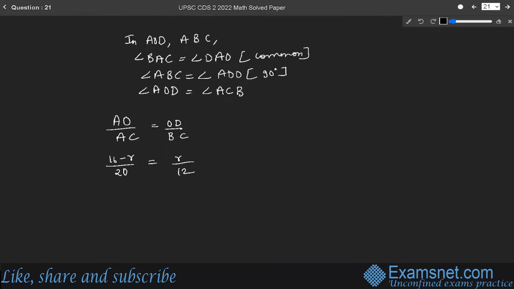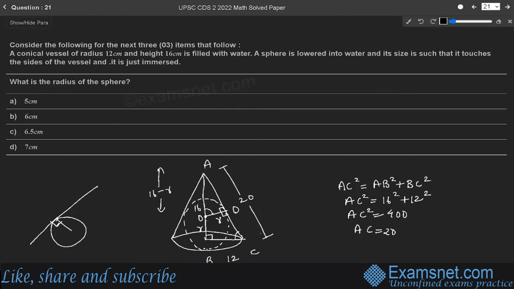On further solving this, it will be equals to 48 minus 3R is equal to 5R. So 8R is equal to 48 and R will be equals to 6. So the radius of the sphere is 6 centimeter. Therefore, option B is the correct option here.